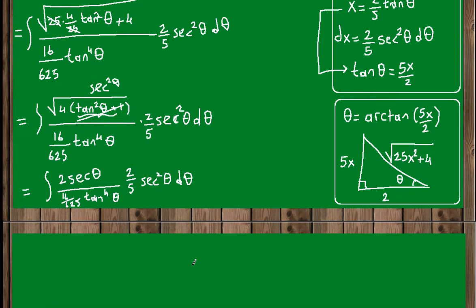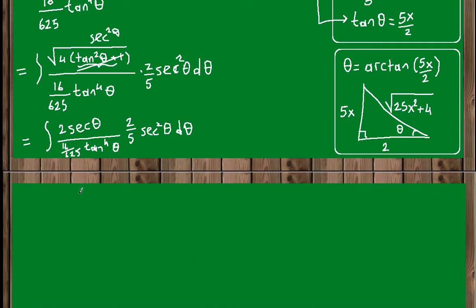Okay, let's simplify all the numbers. Here 625 divided by 5 is 125. 16 divided by 4 is 4, and we can take this outside of the integral sign.